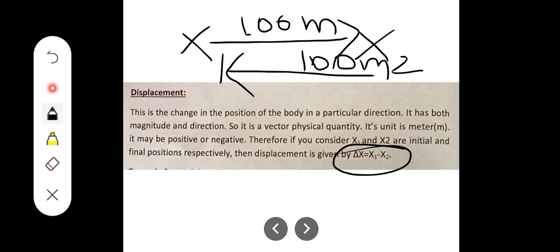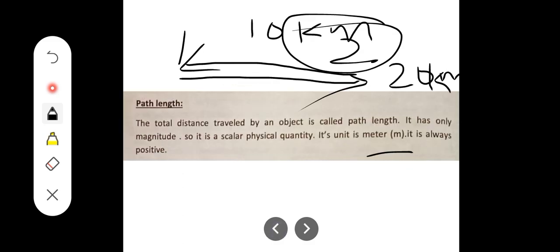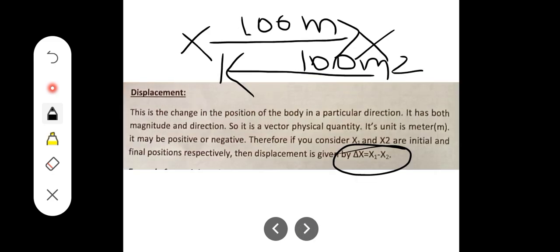That is why it is called a vector physical quantity. So that is the difference between path length and displacement. Also remember that path length is known as distance. Another word for path length is distance. And displacement has direction. That is why it may be positive or negative. Okay, so I think you understood.